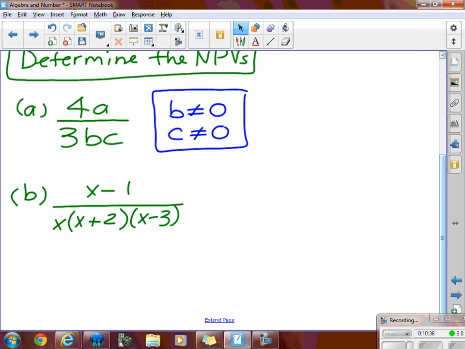Okay, so Brandon's suggesting here, he's saying, if I put a 3 in for this x, the last one here, 3 minus 3 gets me 0. So this would be a 3, because if I put in an x, I'd have 3 times 3 plus 2 is 5. 3 times 5 times 0, the whole bottom is 0. Oh, no. Can't be 0. So the easiest thing to do, take our three things.